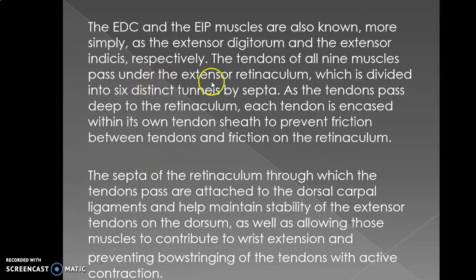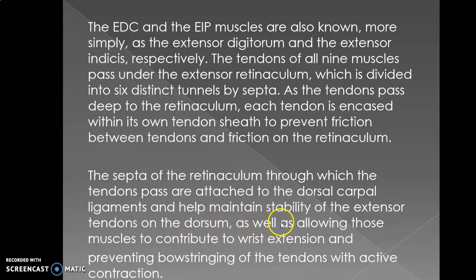The extensor retinaculum separates the tendons into 6 tunnels. The septa of the retinaculum through which the tendons pass are attached to the dorsal carpal ligaments and help maintain stability of the extensor tendons on the dorsum.